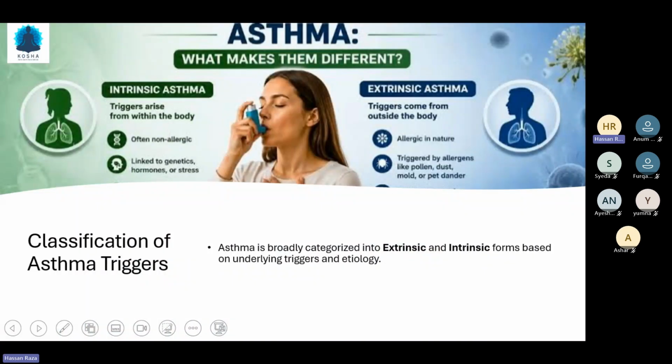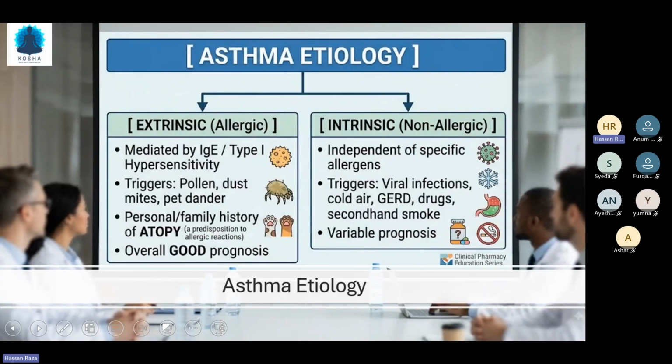Before we go to the pathophysiology, we characterize asthma as intrinsic asthma and extrinsic asthma based on their trigger factors and their pathophysiology. GINA guidelines characterize asthma as intrinsic and extrinsic. We'll discuss more about extrinsic asthma. Basically, extrinsic asthma is mediated by IgE.